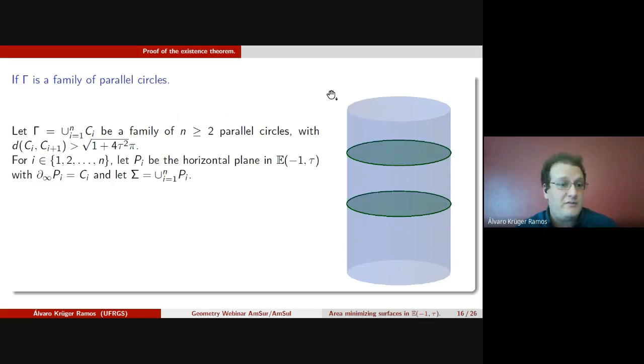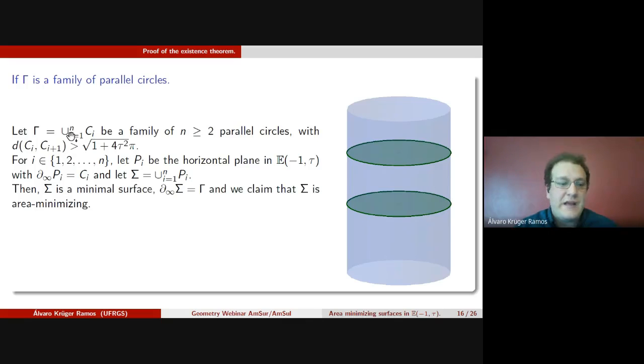And then you just say, my area minimizing surface is going to be this family of parallel planes. Each individual parallel plane is an area minimizing surface, but it could be that the union of them is not an area minimizing surface. So to prove that it is actually area minimizing, you need to use the hypothesis that these disks are far apart.